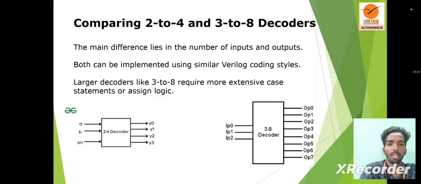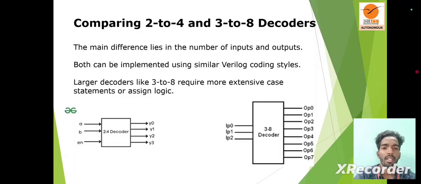Larger decoders like 3 to 8 require more extensive case statements or assign logic.